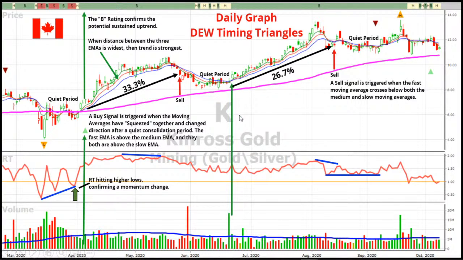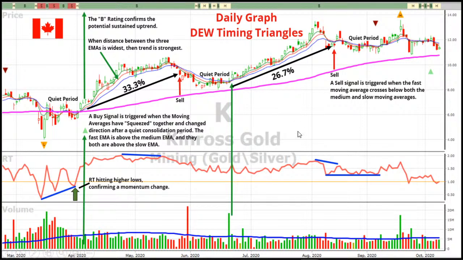Price is already above the 50. When price is already above the 50-day moving average, what we really need to see in order to take the trade are those three moving averages separating. After that quiet period, after that squeeze, the three moving averages begin to separate. There's your re-entry.